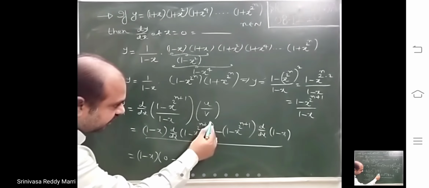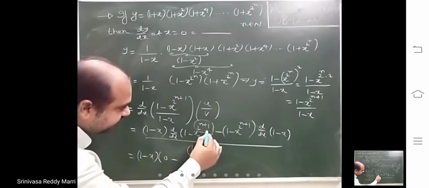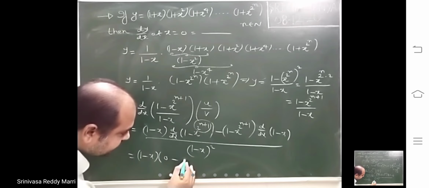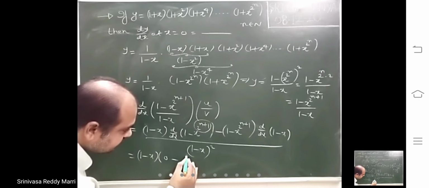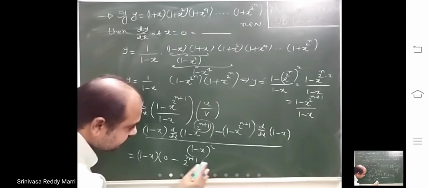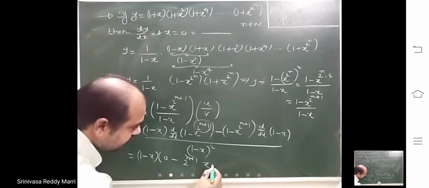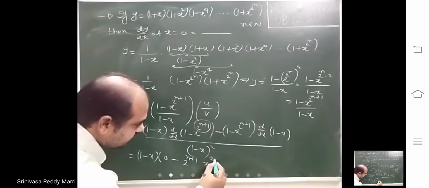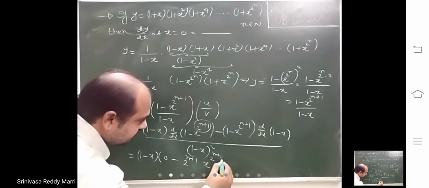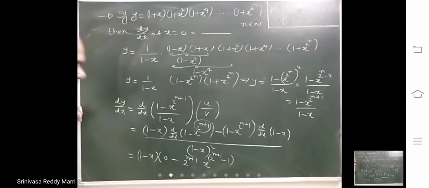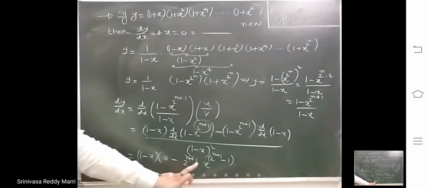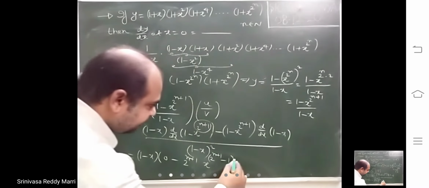Now this is of the form x to the power n, so derivative is n into x to the power n minus 1.